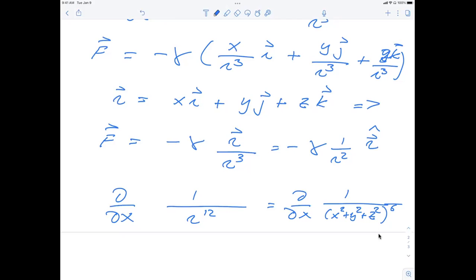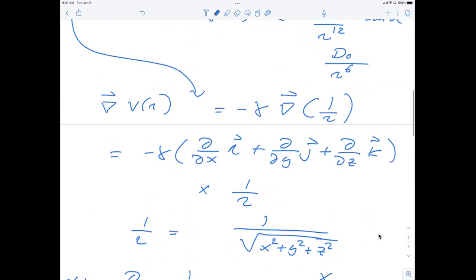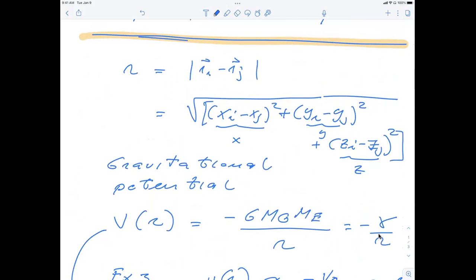So the thing to think of when you look at a potential like the one you have in this exercise, where the potential depends on the relative distance only, is that you define a new coordinate. So instead of dealing with xi minus xj, you use the relative distance as the new coordinate. And you take the derivative with respect to the relative distance.